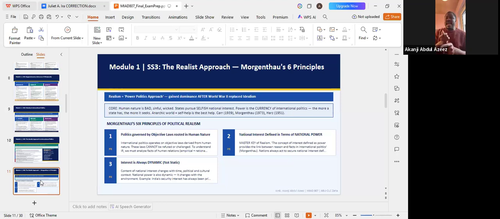You know, the idealists say that although there is conflict, we can sort it out with negotiation. But the realists say that no, it is unavoidable. We cannot avoid conflict. Understand? That is, conflict is natural and it is unavoidable.